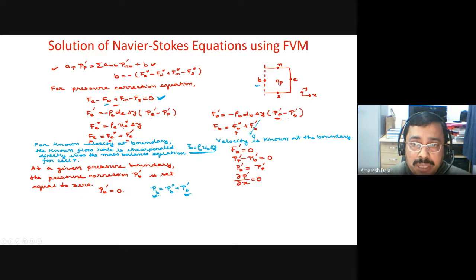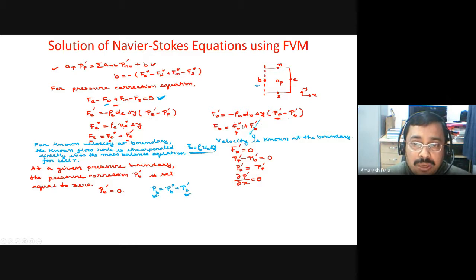Here P is the cell center. Now for this boundary we can write Fb prime is equal to minus rho b db delta y (pP prime minus pB prime).